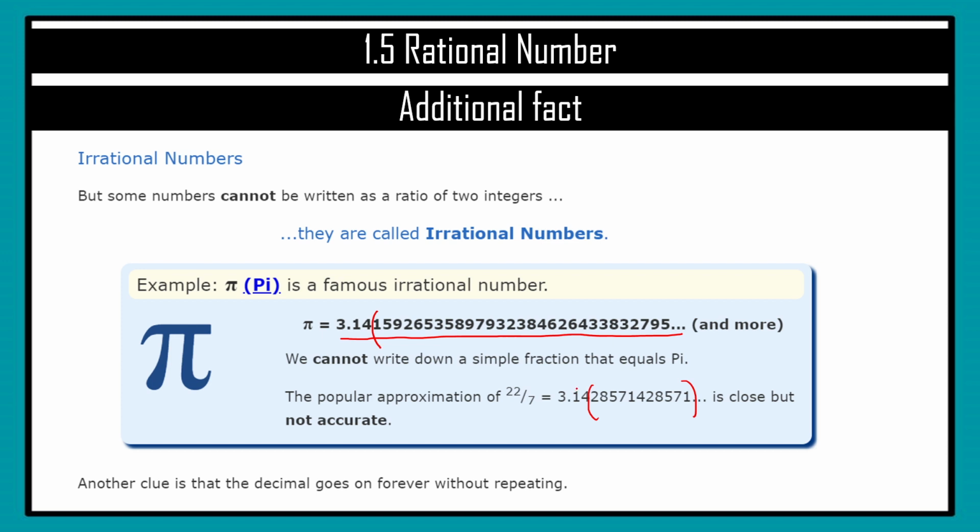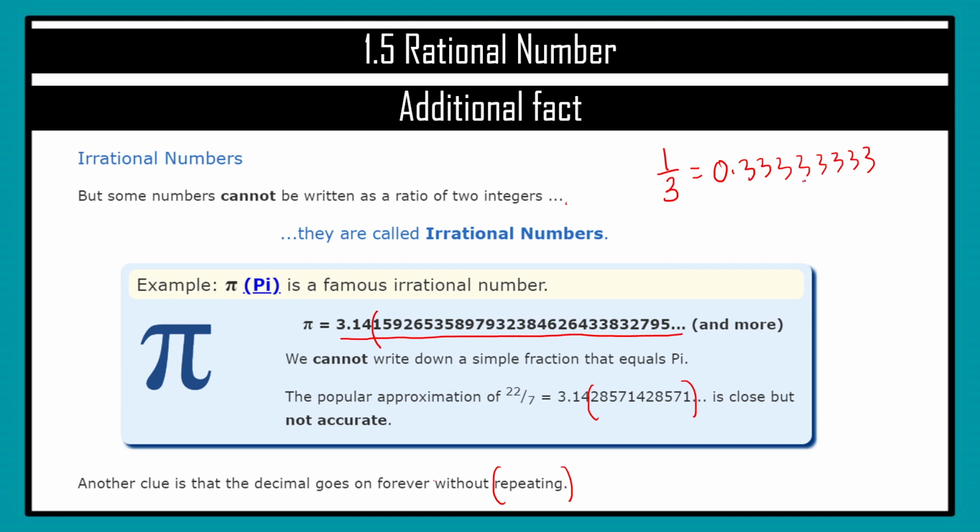Another thing to know is that if the decimal goes on forever and the digits do not repeat themselves, then it is called an irrational number. For example, 1/3 in decimal form is 0.33333, with an unending string of threes.